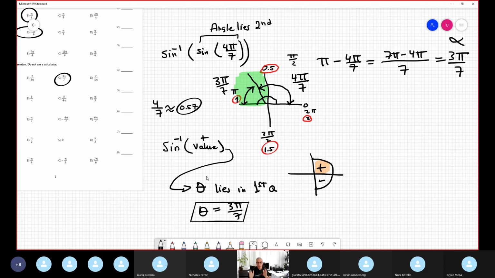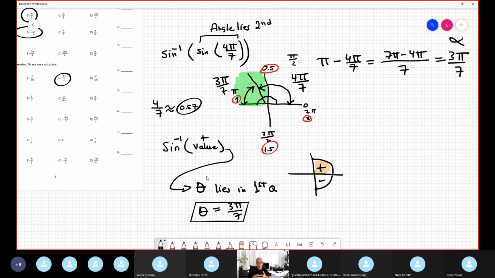In this quadrant, I investigate first in what quadrant 4 pi over 7 lies. Yeah, I discovered, wow, it lies in the second quadrant. I know that in the second quadrant, the sine is positive. Therefore, the value inside the sine inverse trigonometric function is a positive value. And a positive value gives me always the answer of the angle in the first quadrant.